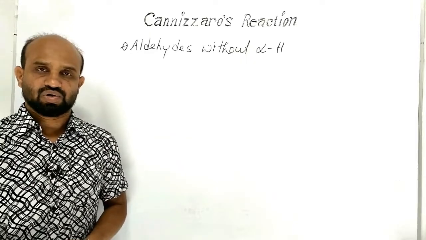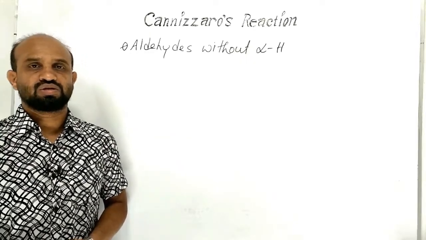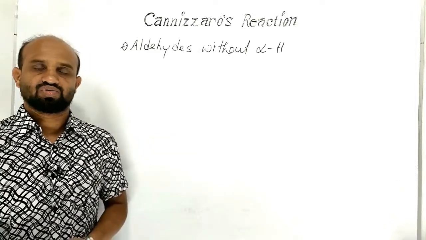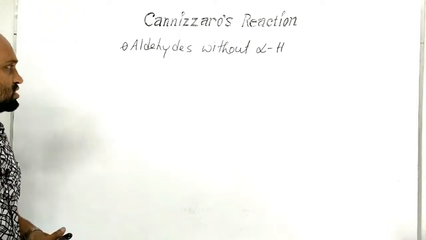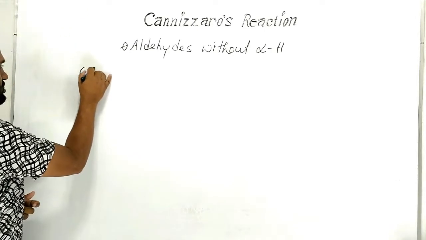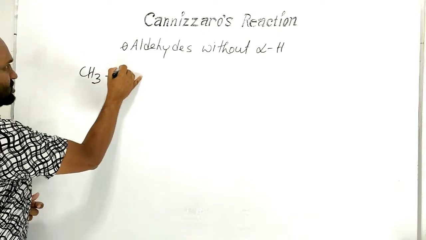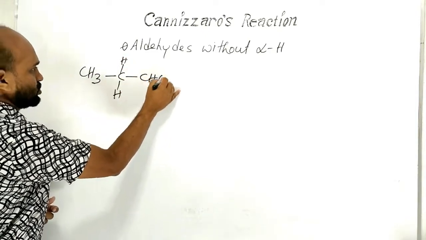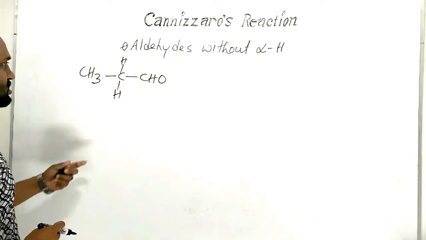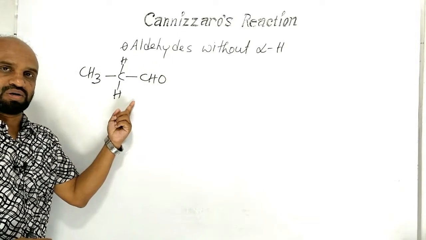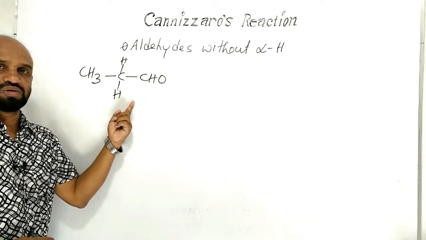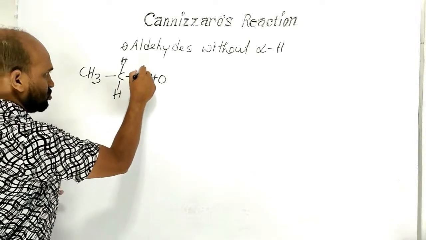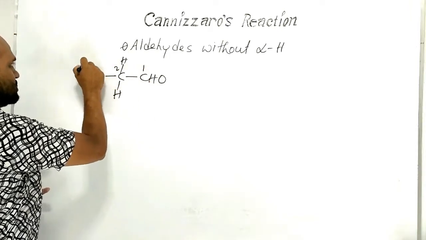Cannizzaro's reaction involves aldehydes with no alpha hydrogen atom. Let's see aldehydes without alpha hydrogen atom. First of all, CH3CH2CHO. This is propanal. In this compound, carbon atoms are numbered in two ways, 1, 2, 3.